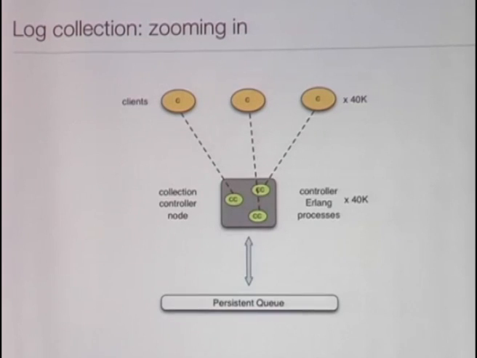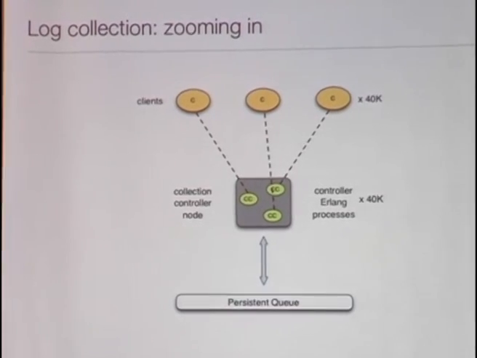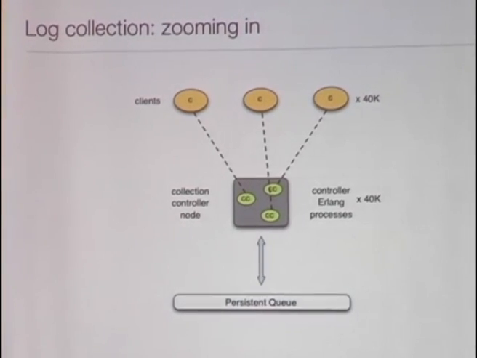So if we look inside the collector controller nodes, that's an Erlang application. And inside that Erlang application, for each of the thousands of clients, we have a matching Erlang process running.